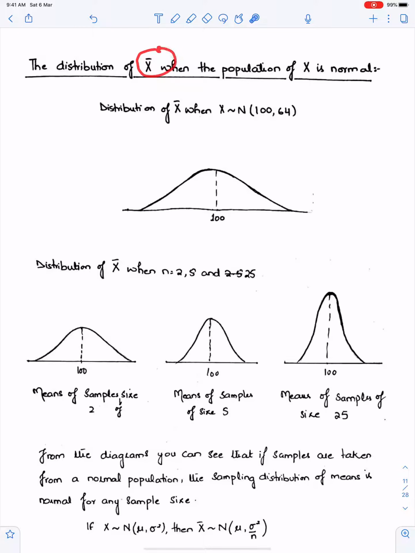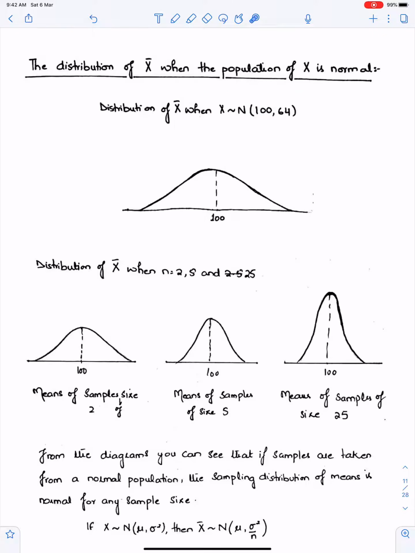So, the distribution of x bar when the population of X is normal, meaning the population is normal. If X follows normal, now this is very important, this is the normal population, and sigma square is known.